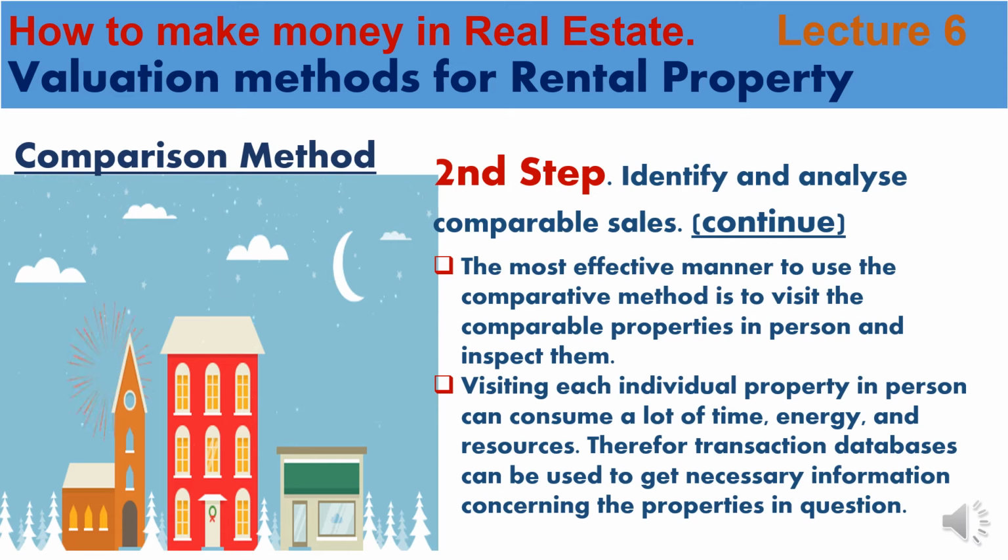The most effective manner to use the comparative method is to visit the comparable properties in person and inspect them. Visiting each individual property in person can consume a lot of time, energy, and resources. Therefore, transaction databases can be used to get necessary information concerning the properties in question.